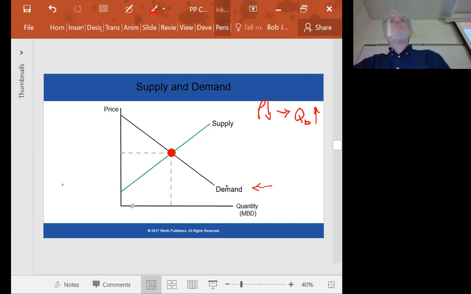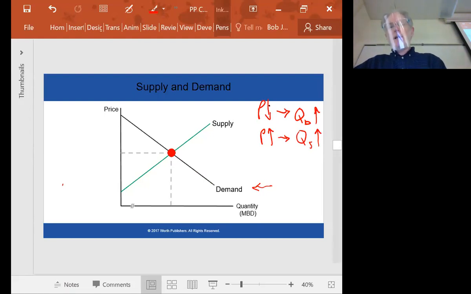For supply, we said producers like a high price. So as the price of the product goes up, other things being equal, the quantity producers will be willing to supply goes up. That's the law of supply. It's a direct relationship between the price that producers can get and the quantity they're willing to produce.